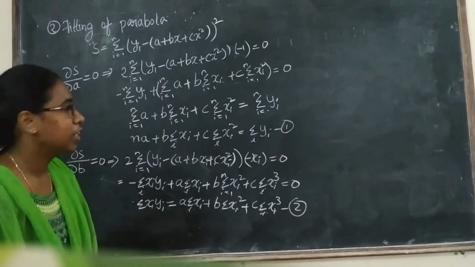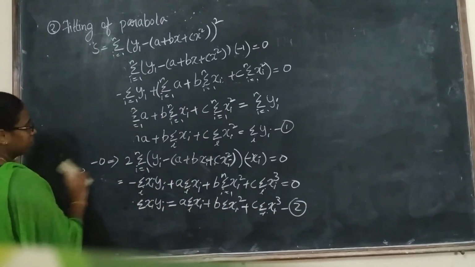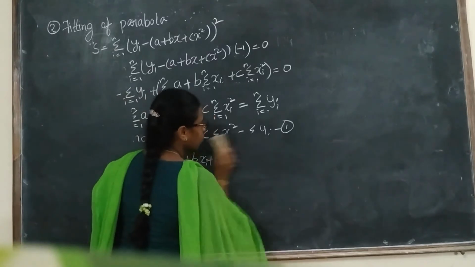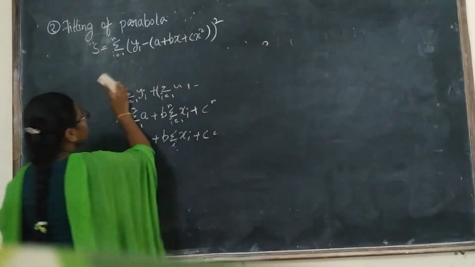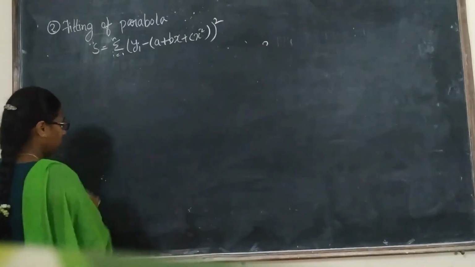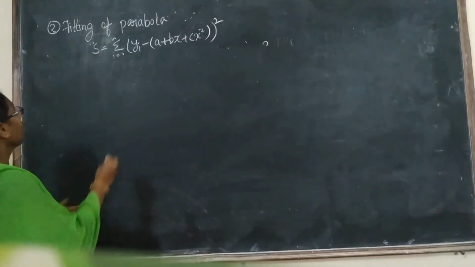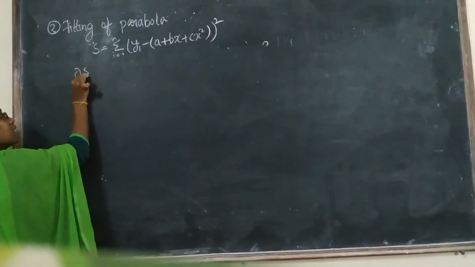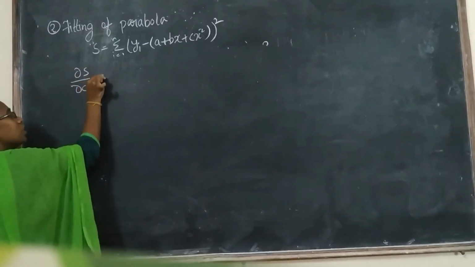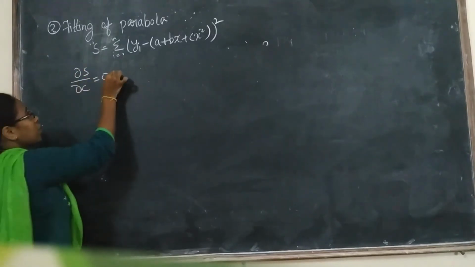Similarly, we will differentiate with respect to c. Now, dou S by dou c equals to 0. Differentiate with respect to c.